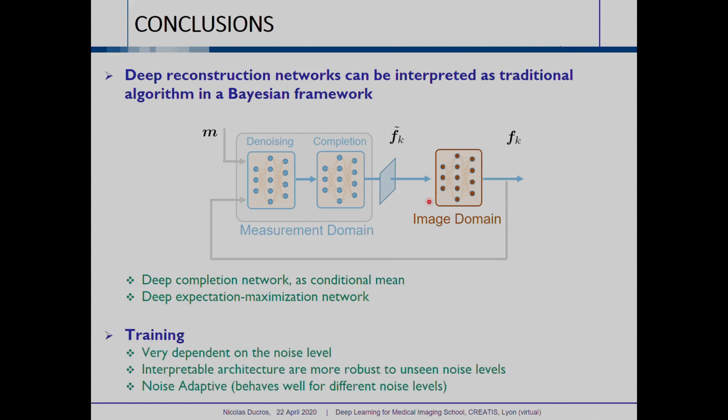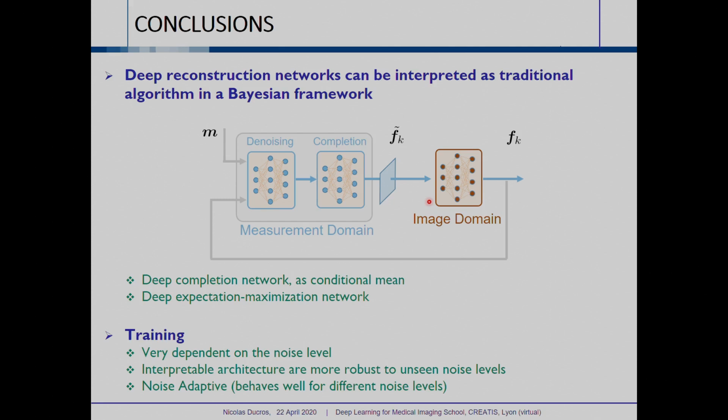Something very important is the training. I could have insisted more on that, I will do it now. Training is very important, in particular because in typical image reconstruction problems you don't know the noise level, so you have to train the network with different noise levels in order to get a network that is robust to different noise levels.